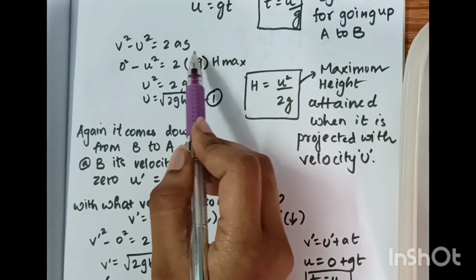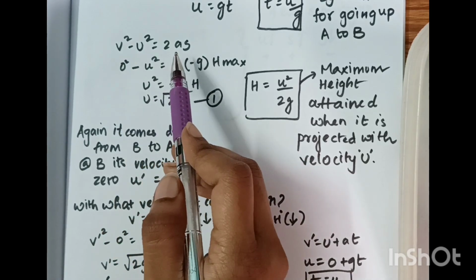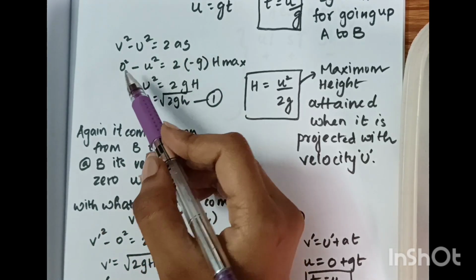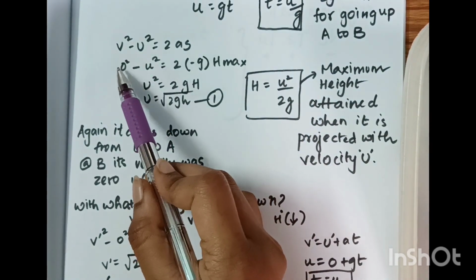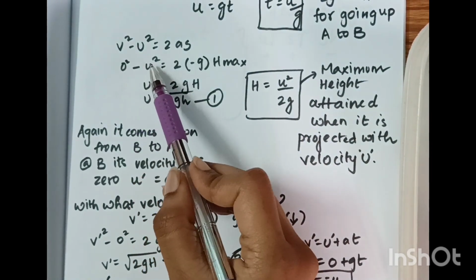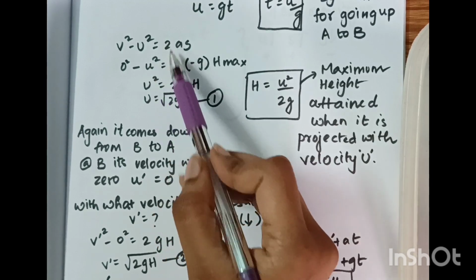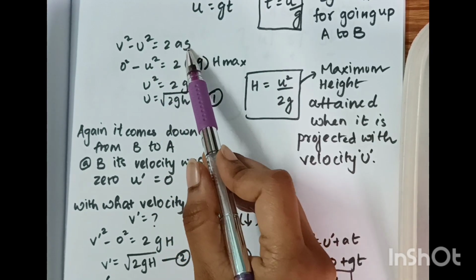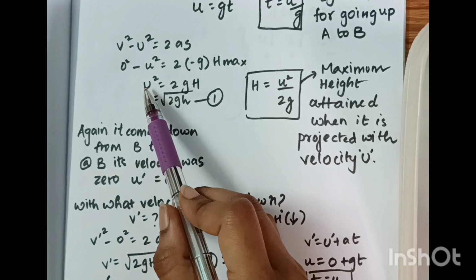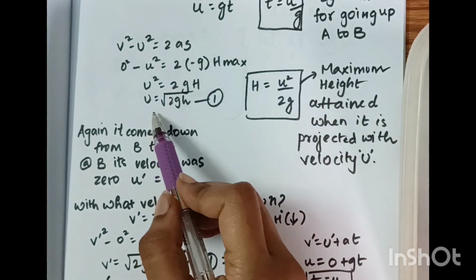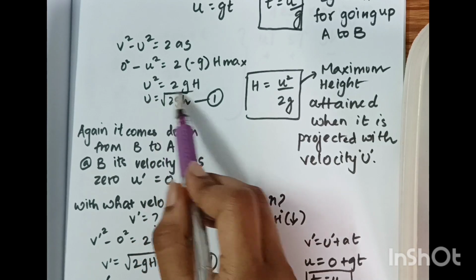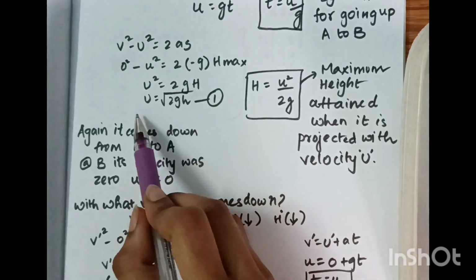Let us consider this equation: V square minus U square equals 2AS. Again we know at B there is no velocity, so V is 0. We are projecting with velocity U, A is minus G and S is H max. So U square is equal to 2GH. This minus and this minus go off. U equals root 2GH, this is the equation we are getting.